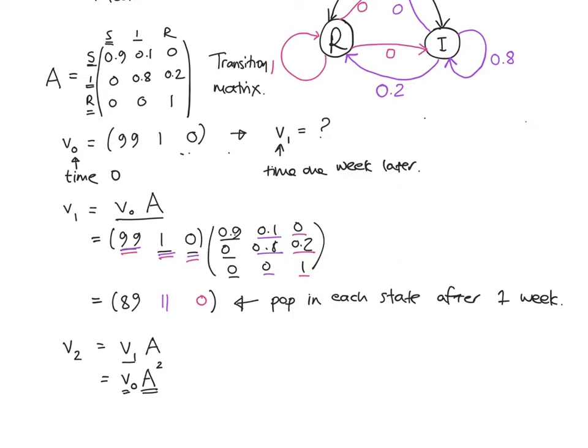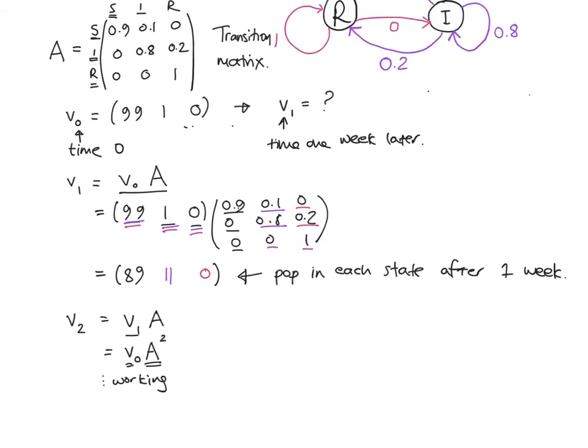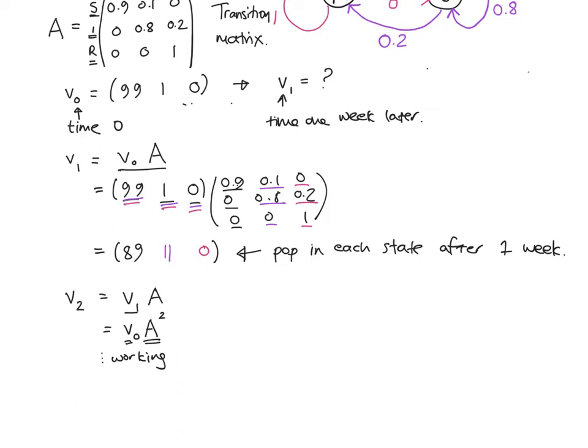So you can work that out either way, and if you do that, so let's do some working, check that on your own time, then we'll find that the population after 2 weeks is 18.2.